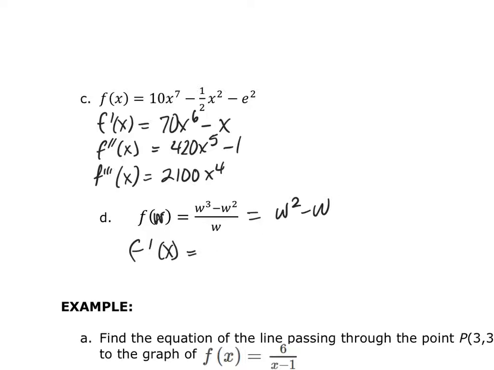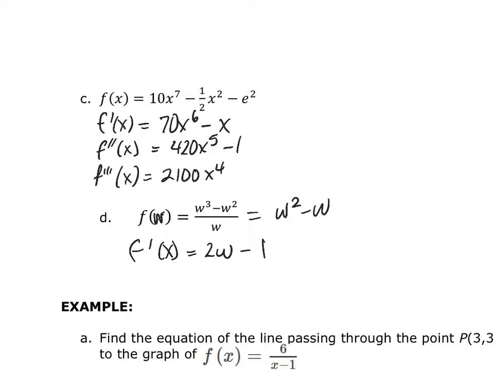It'll be 2w because the power comes down out front, and then minus, I'd bring the power down out front, so that's 1, and then w to the 1 minus 1, which is w to the 0. So it's just going to be 1.